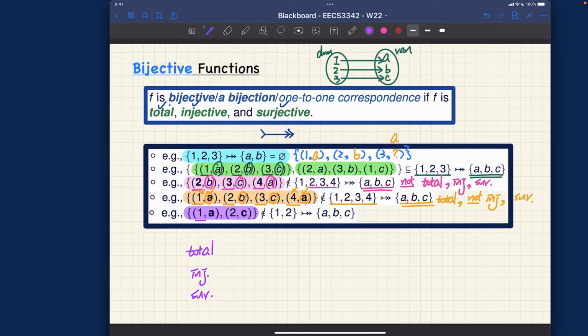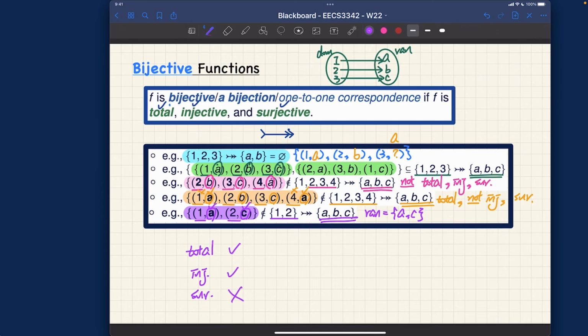Is it total? 1, 2. Exactly equal to 1 and 2. It is total. What about injective? We got A and C over here, completely unique without any duplicates. It is injective. What about surjective? You can see the range of that is actually equal to A and C, not equal to A, B, and C. So it is not surjective.